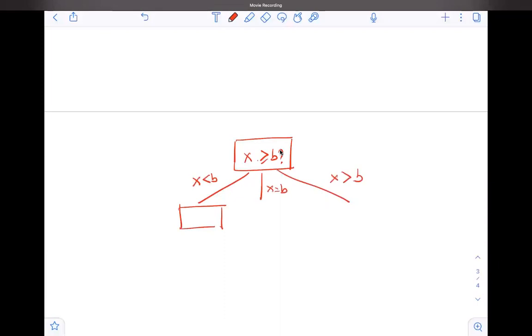Now the algorithm based on that moves on. If X is less than B, I am going to make some other query. Maybe is C less than or equal to D or not? If X is equal to B, maybe I am going to ask, is X less than or equal to E or not? If X is more than B, maybe I will ask whether Y is bigger than F or not.